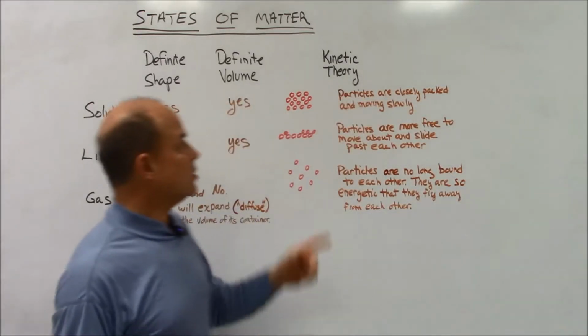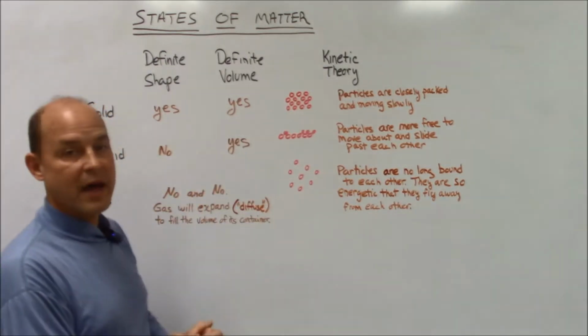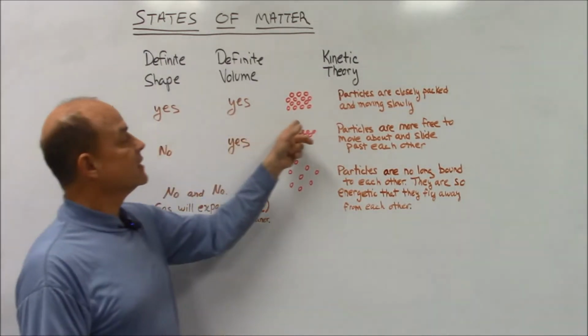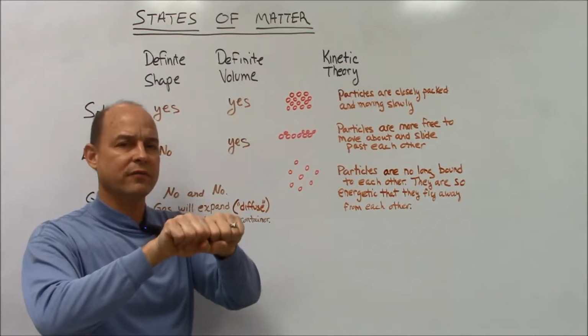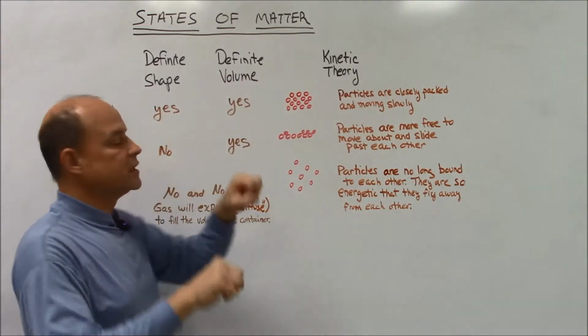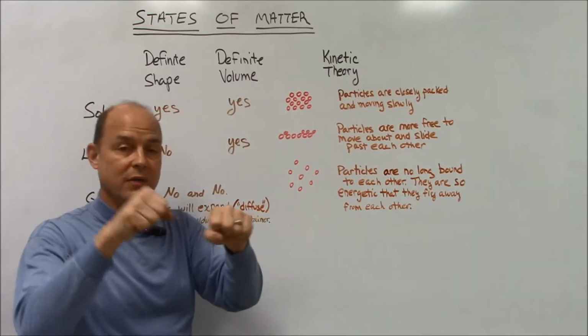Now, in terms of the kinetic theory, I want to make the connection to what we have learned about kinetic theory. Solids are particles that are closely packed together. They're not moving around very much. Liquids are allowed to kind of slide past each other. Here I'm going again with the hand jive, right?